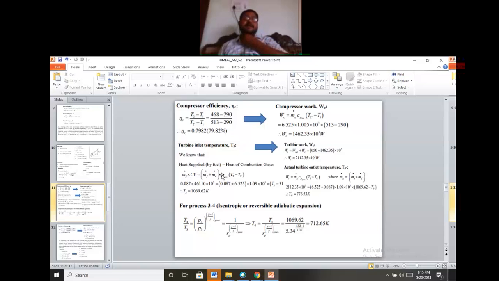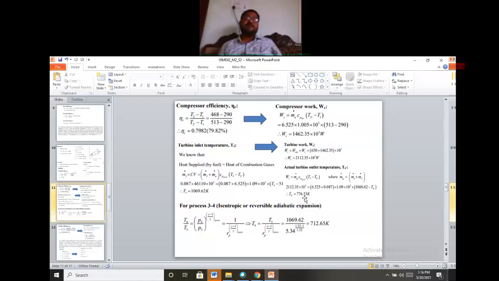Turbine inlet temperature T3 you can calculate from that, and then the turbine work is actual compressor and turbine work. After that, the actual turbine outlet temperature T4 is 776.53 Kelvin.